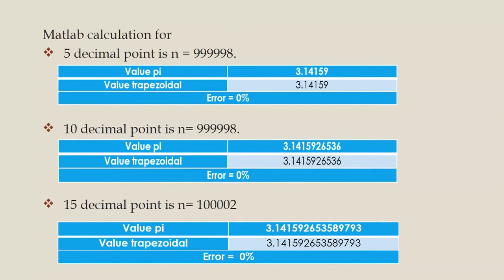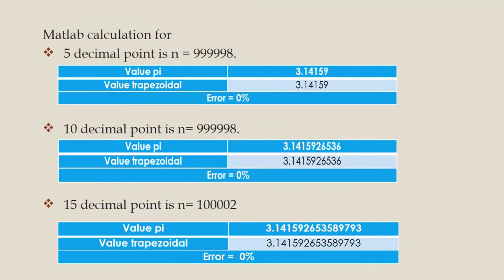In MATLAB calculation, when the code is set to calculate the 5 decimal point trapezoidal function value, the value of n is equal to 999,998, which is the largest value of n that gives pi in 5 decimal points similar to the trapezoidal function value, which is 3.14159.